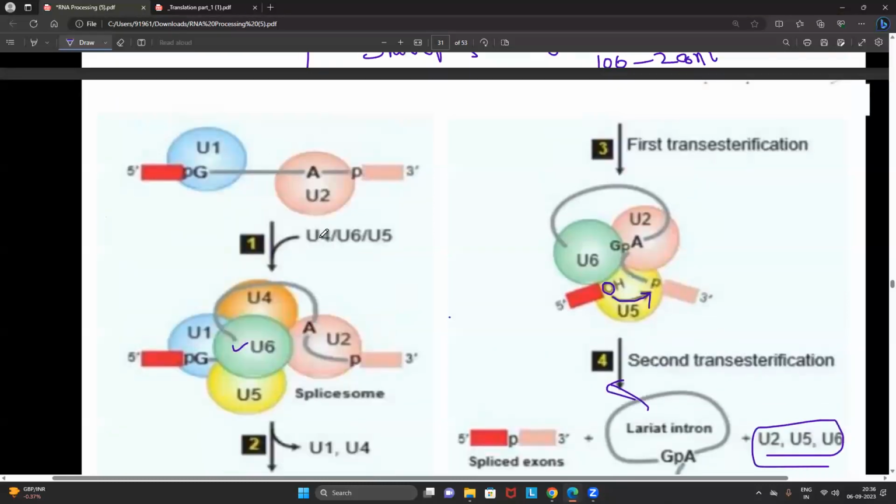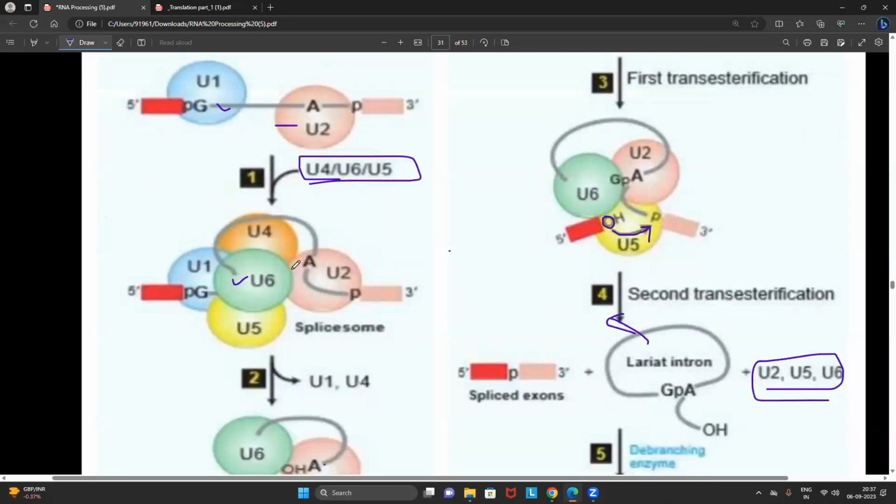In the spliceosomal complex, U1, U2, U4, U6, U5, a variety of uracil-rich regions are there. You can look into the picture. First, U1 attaches to the 5' splice site, and U2 attaches to the branch point. Then U1, U2 recruit U4, U6, U5.